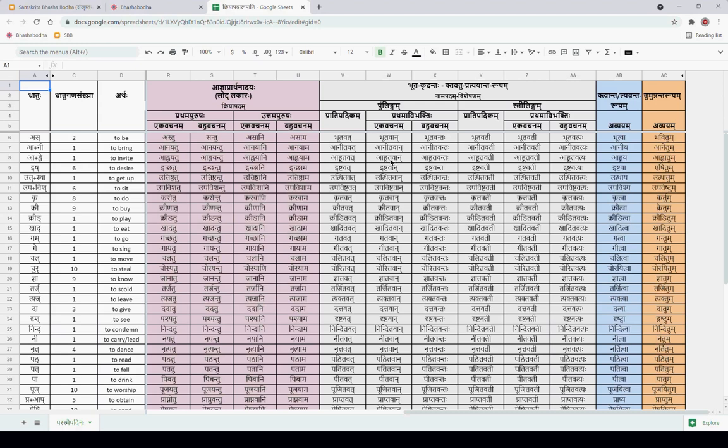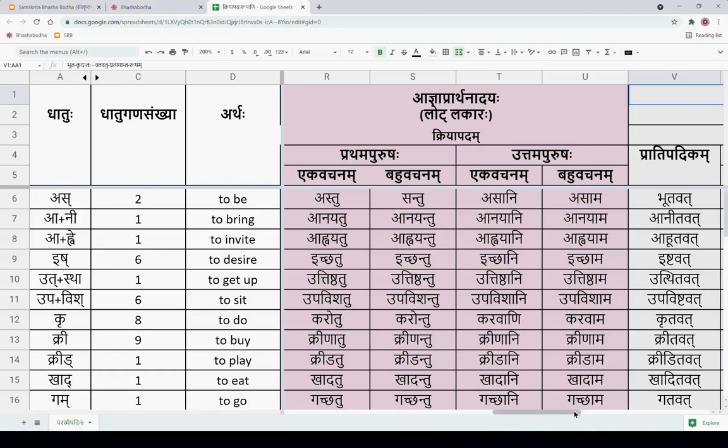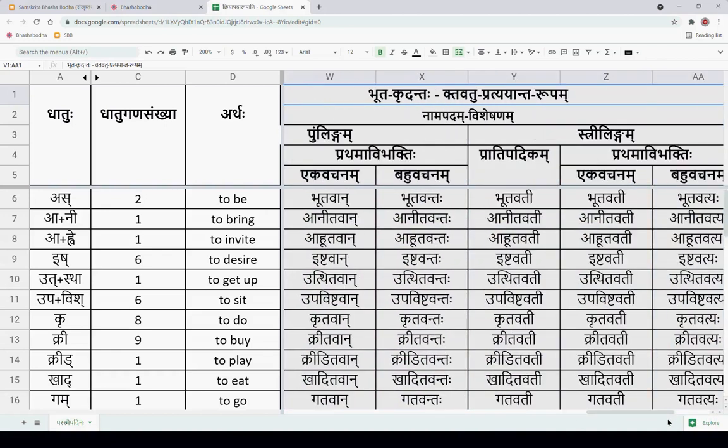So, Dhatu plus Krit Pratyaya is equal to Pratipadikam. Pratipadikam plus Vibhakti Pratyaya is equal to Namapadam. Here, the Krit Pratyaya being added is called Ktavatu, shown here on the top. It can be added to any dhatu.